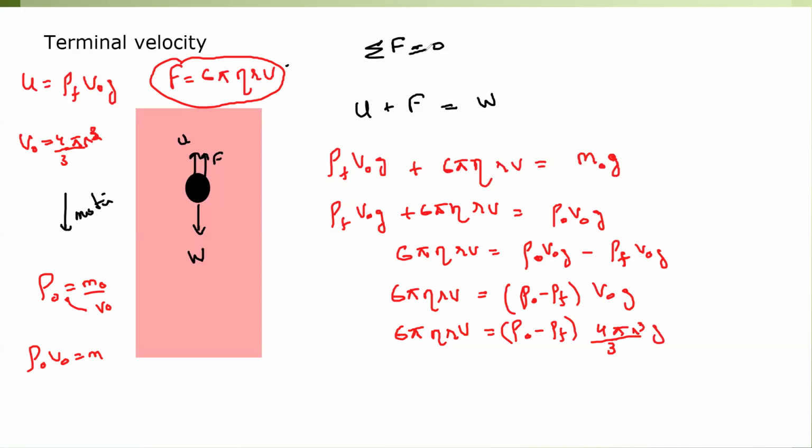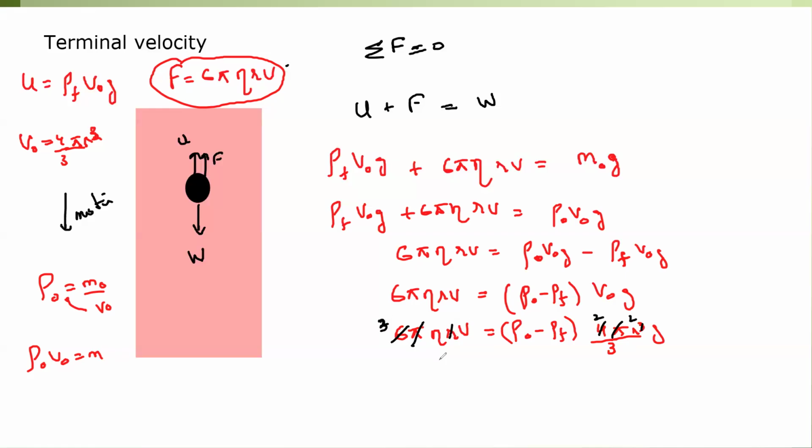Now it's a mathematical simplification. The pi will cancel with pi. One of the r cancels with the cube, so it becomes r squared. This will be 2, this will be 3 and this will be 2. The rest looks the same.